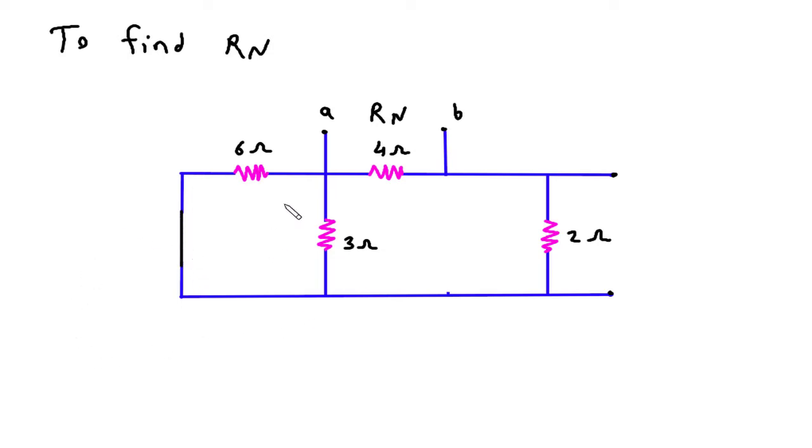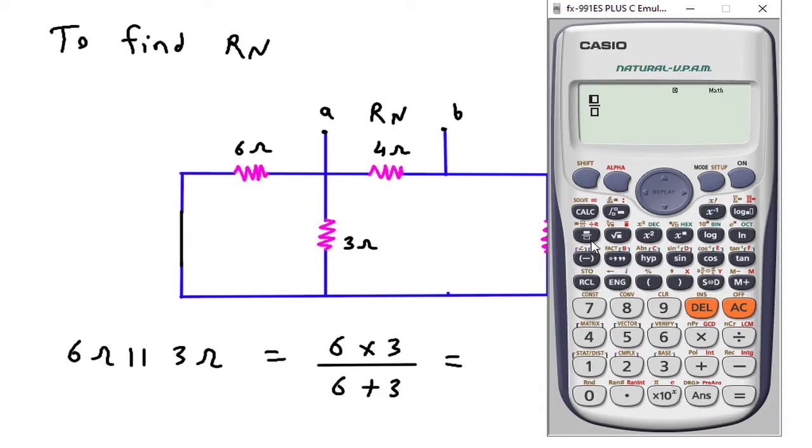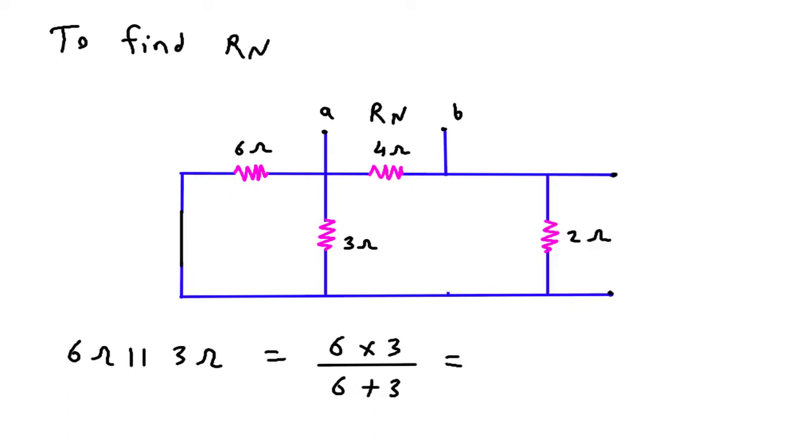Now, as we can see, this 6 ohm is in parallel with 3 ohm. So 6 ohm parallel with 3 ohm will be 6 into 3 divided by 6 plus 3. So it is 2 ohm.